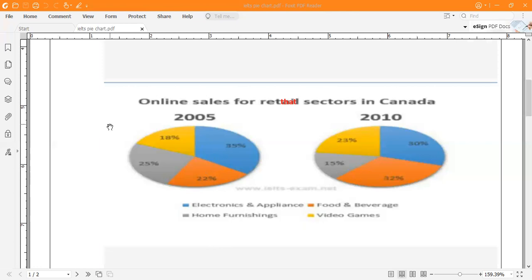We can see that from the figure above, food and beverage percentage was 22% in 2005. Therefore, there is a high increase in 2010 by 8%. In 8% or 10%. Yeah, 10% يعني كانت 22 in 2010. That's right. إذا هذه هي الطريقة. So this is how it is analyzed.